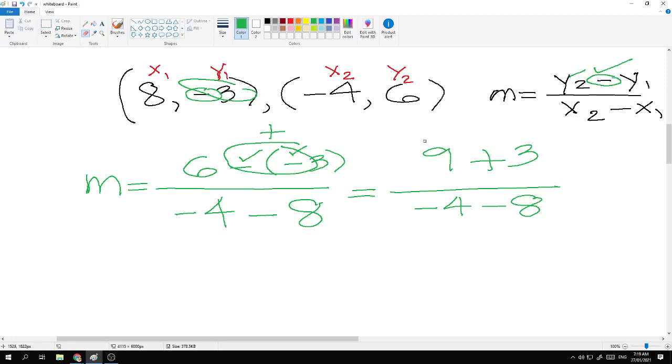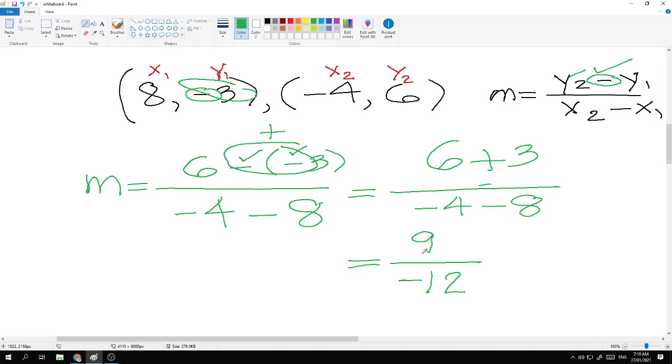Okay, I'm going to delete that first. This is 6. So let's do the operation now. What is our numerator? What is 6 plus 3? 9. What about negative 4 minus 8? Both are negative. Negative 12. Now, reduce this, 9 and 12.